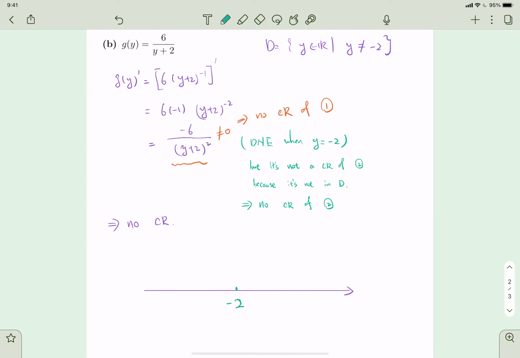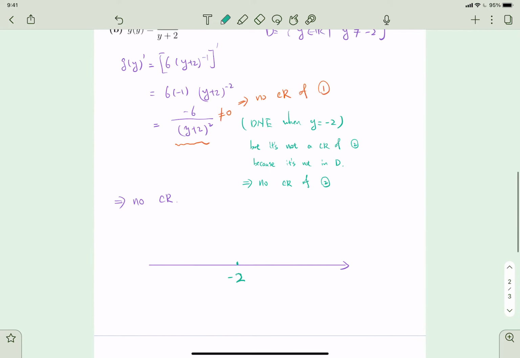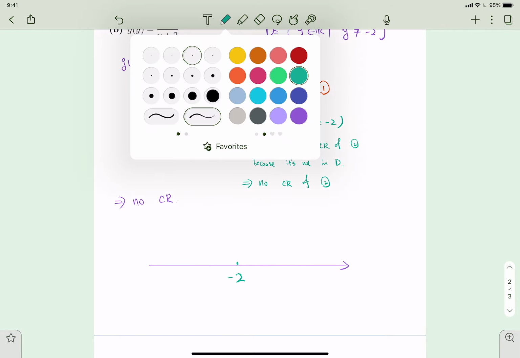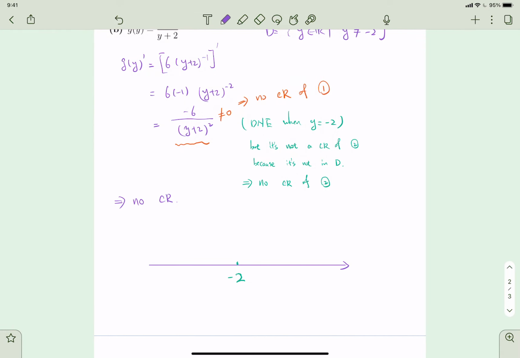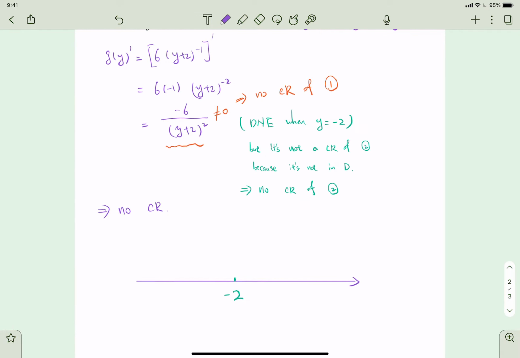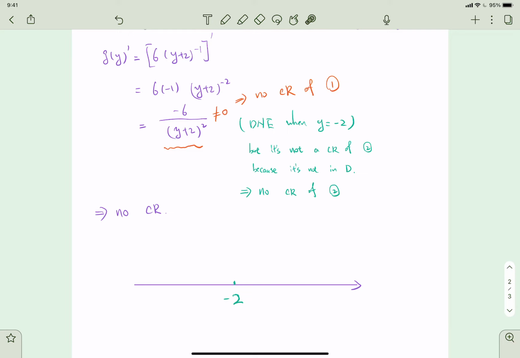right? And now we're gonna find out the sign of the derivative on these two intervals separated by this number, right? You see that the derivative here has the square inside the denominator. So the denominator is always greater than 0, has the plus sign, but the numerator is negative, so this derivative is always less than 0.